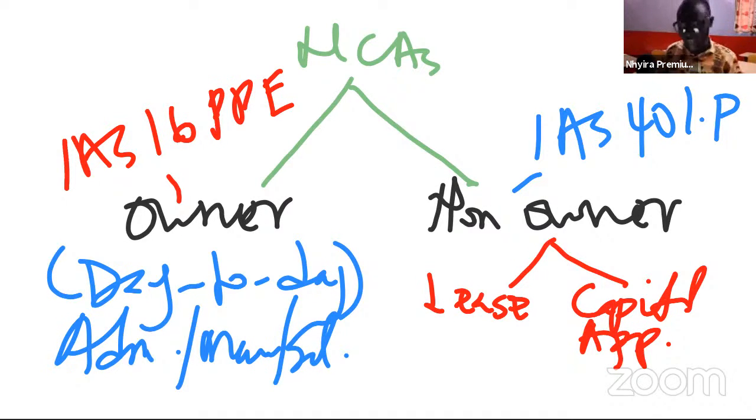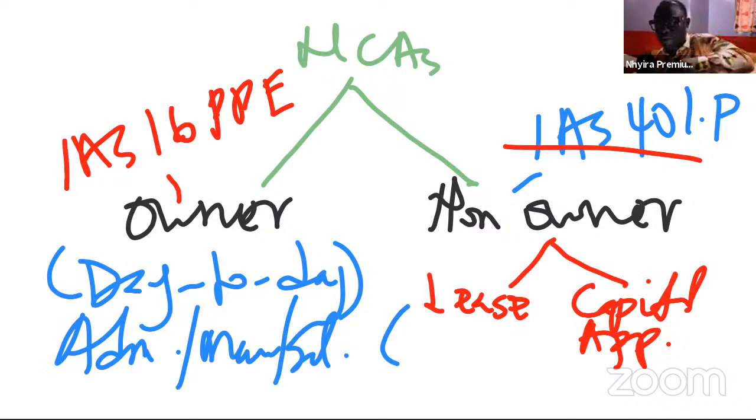So listen carefully. Now you are seeing lease here. If it is leased under a finance lease, in accordance with lessor accounting in IFRS 16, then we don't account for it as an investment property. But if the lease is an operating lease, in accordance with IFRS 16 Leases, then we account for it as what?